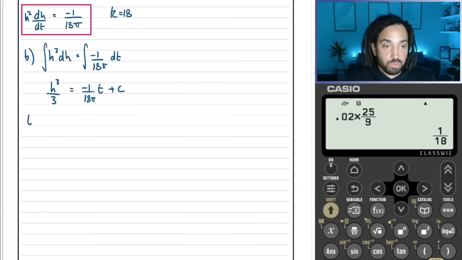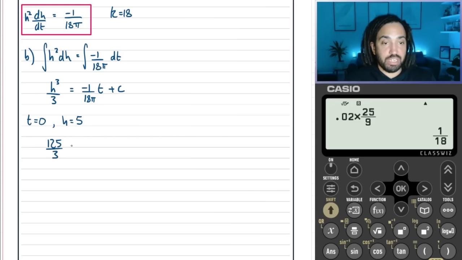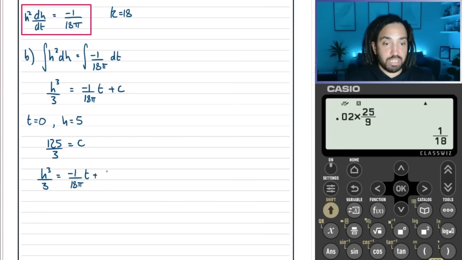So initially full of water means t is 0 and h is equal to 5. So substituting in gives us 125 over 3 is equal to c. So therefore h cubed over 3 is equal to minus 1 over 18 pi t plus 125 over 3.